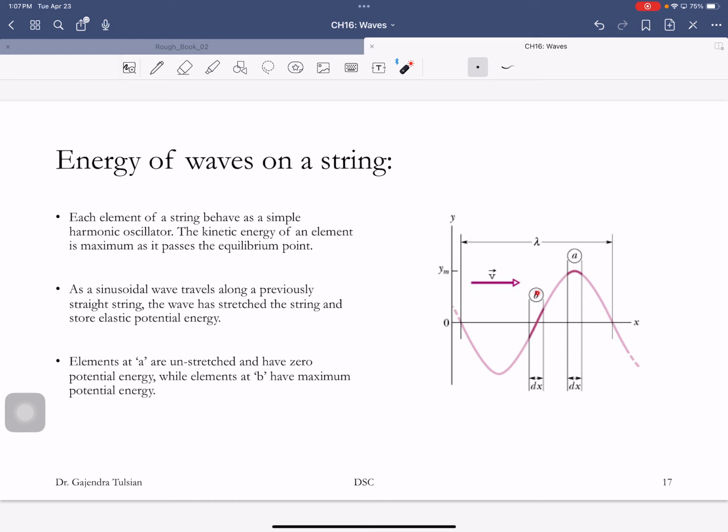The string as a whole has potential energy and kinetic energy because it's vibrating, and each element can be thought of as simple harmonic motion. As the wave travels to the right, energy is being carried away. So if I stand here, the question is how much energy passes me per second.